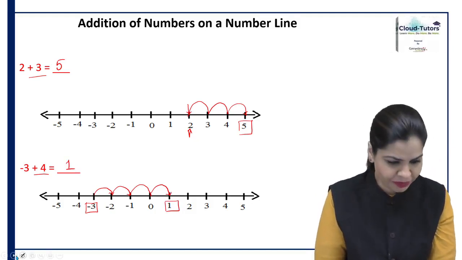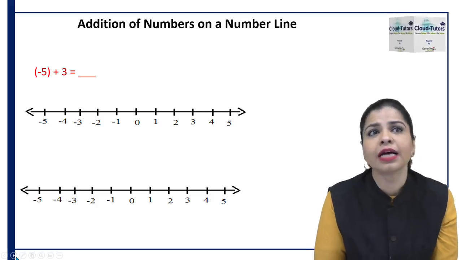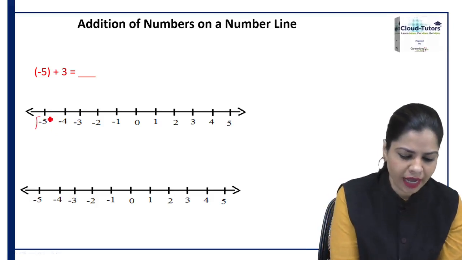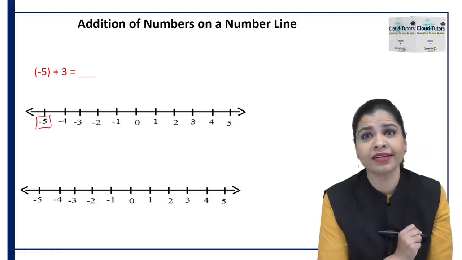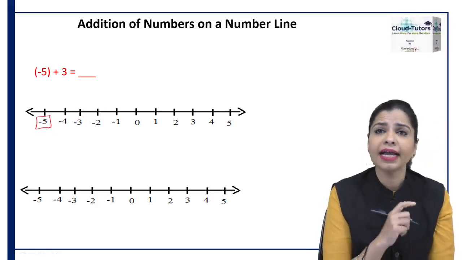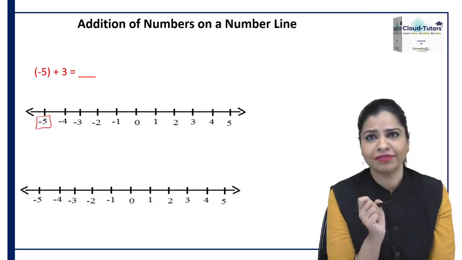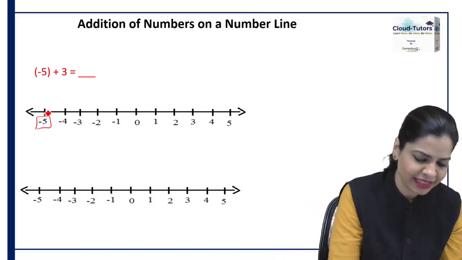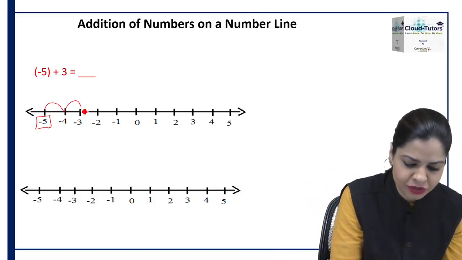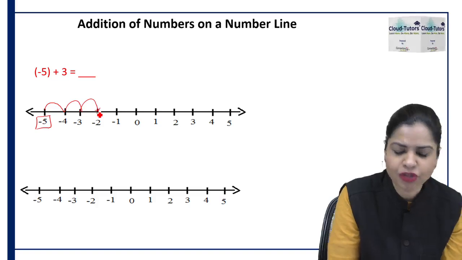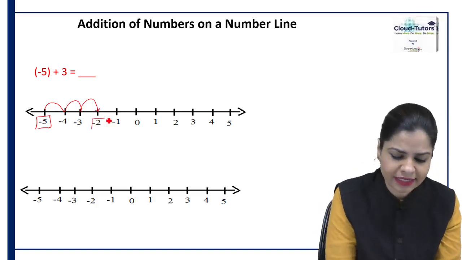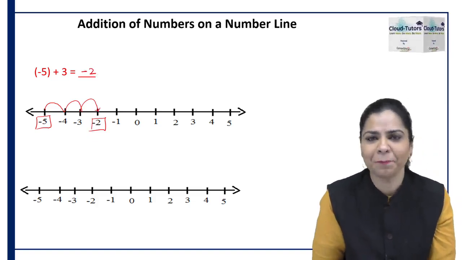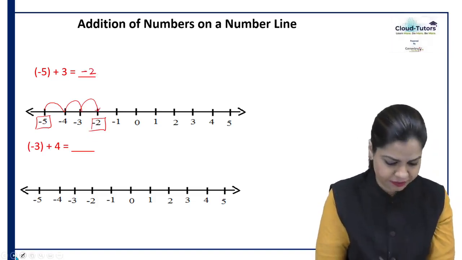Let's keep moving. Let's see the next set of numbers. Again, it is negative 5 plus 3. So my starting point here is negative 5 and I move to the right or to the left? Right. I move to the right. So yes, 1, 2 and 3. So what would be your answer? It is negative 2. Clear? Let's see the next question.